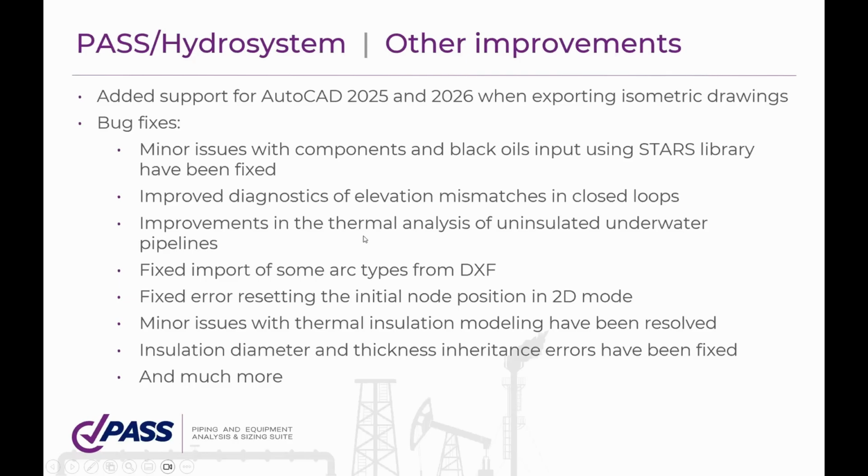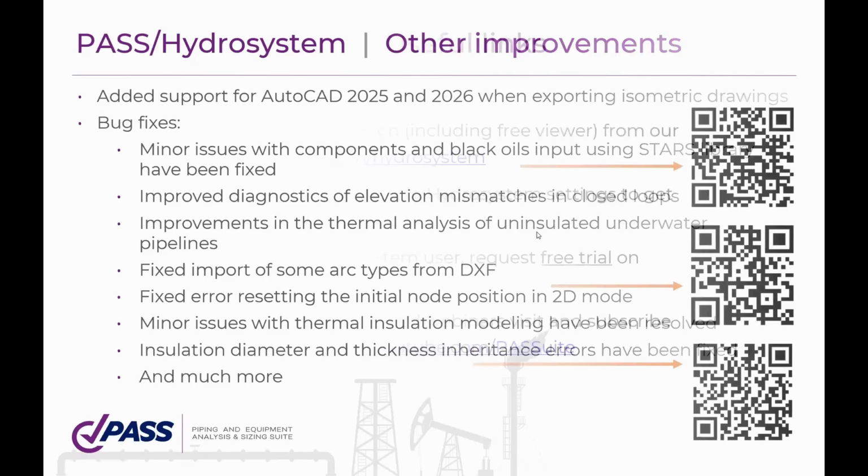We have improvements in thermal analysis of uninsulated underwater piping systems. We now calculate the heat transfer to water from uninsulated pipeline more carefully, more accurately. We fixed some import issues of some archetypes from DXF. We had some issues in the previous version with resetting the initial points in 2D mode. We fixed it, and we fixed some other minor issues. We'll always have something new to fix.